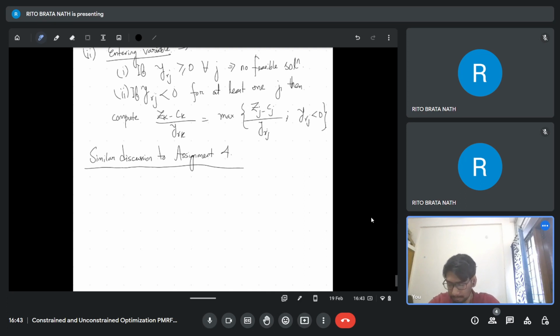So let's get into the next one. Construct the dual of the LPP, solve both the primal and dual problem.